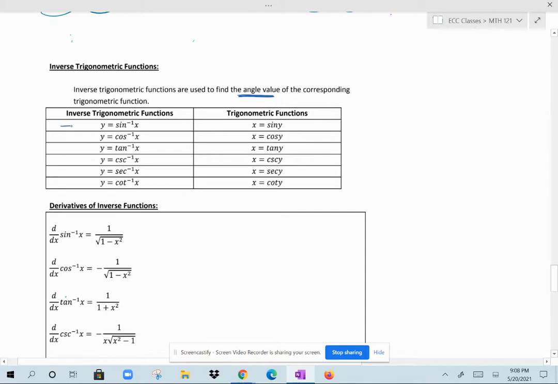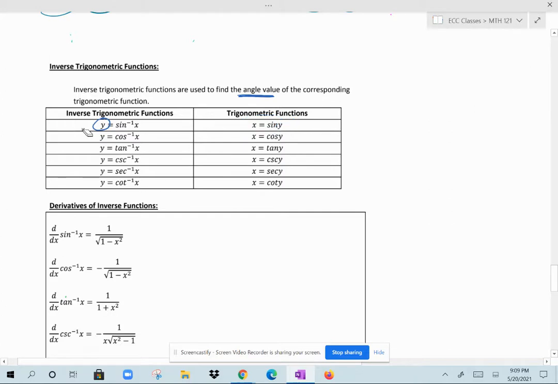So if I have y equals sine inverse of x, that's going to be the inverse function to sine, then you can rewrite that as x equals sine of y, where y is the angle. So your answer for your inverse trig function is your angle. That's what you're taking the sine of.